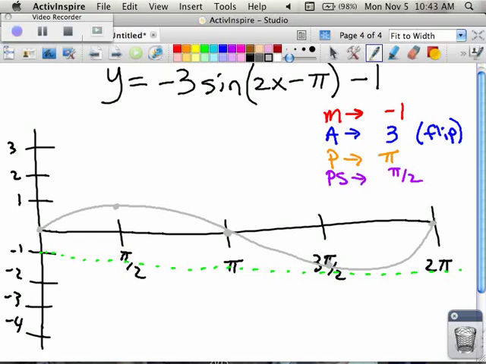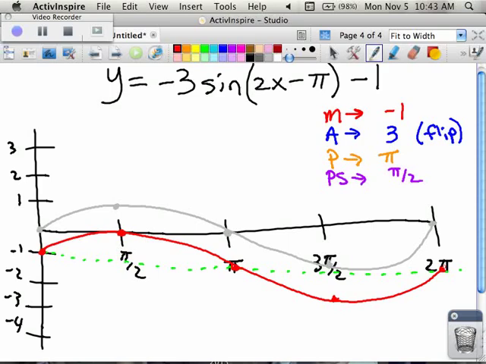So now, in the red, if I move it down, it looks like this. So this is what the midline thing did. It just dropped that graph down. So I do the midline thing first in my head.